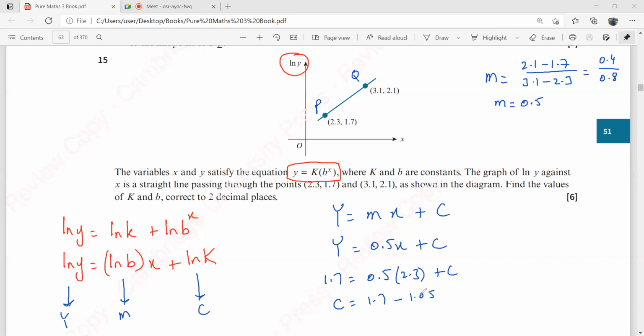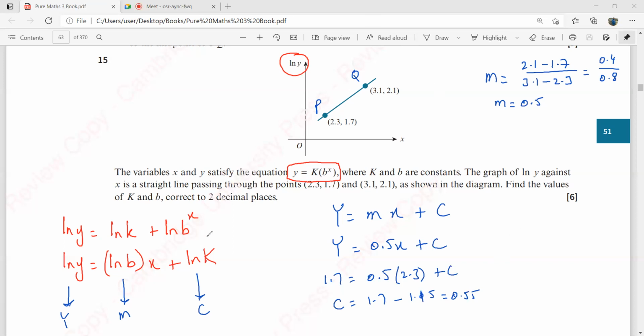I think this is 0.55. Okay. So now let us find the values of k and b.